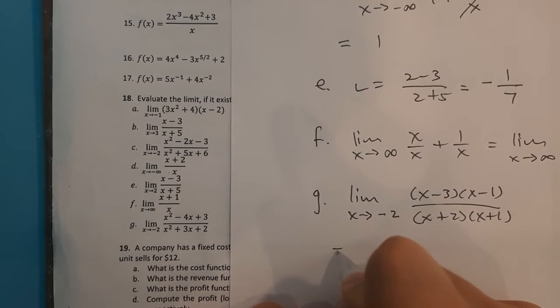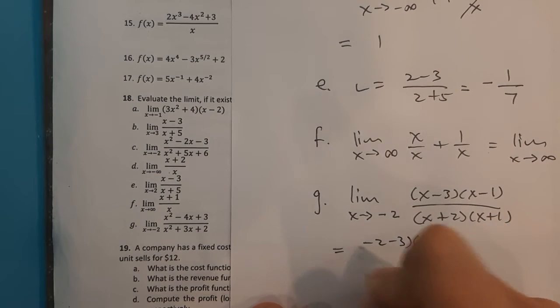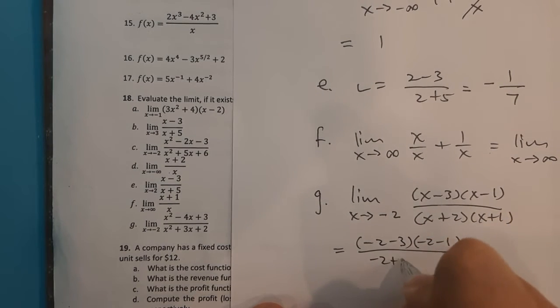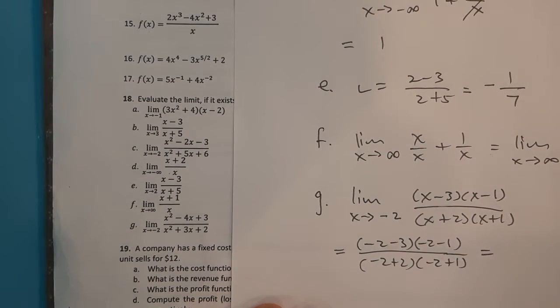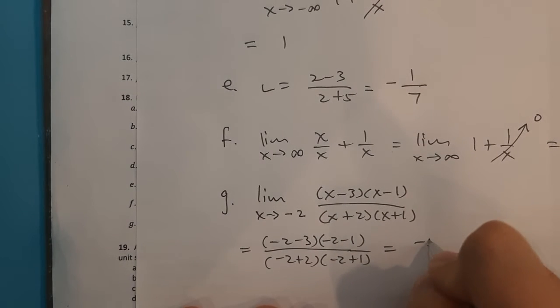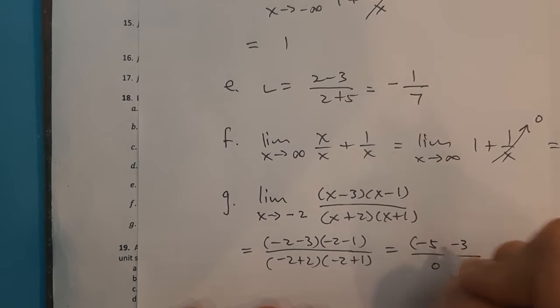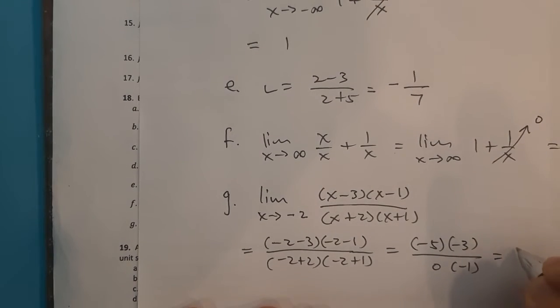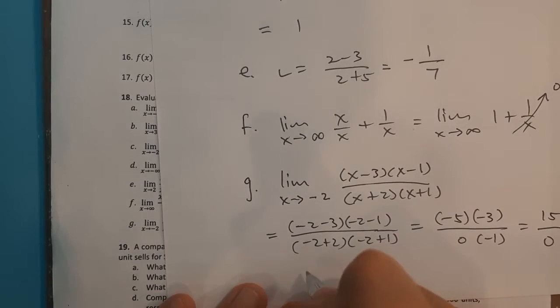Then we just plug in negative 2. So we simplify it. We have negative 5, negative 3 over 0 times negative 1. So we got 15 over 0. So the limit does not exist.